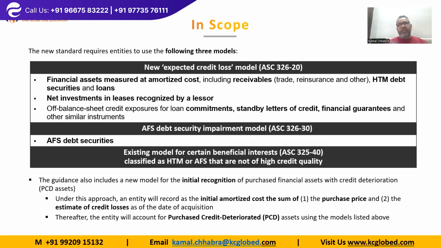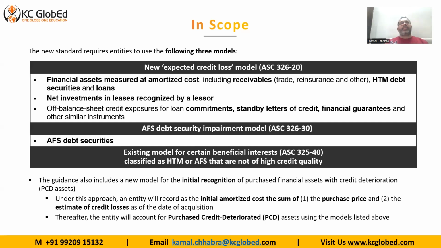So at a high level, understand what all is in scope in ASC 326: all your financial assets, whether it's trade receivable, insurance receivable, other receivable, held-to-maturity, loan receivable, lease receivable, commitments, standby letter of credit, financial guarantee, other similar instruments, and available-for-sale debt security and any high credit quality debt security or held-to-maturity security. So these all come under the purview of 326.